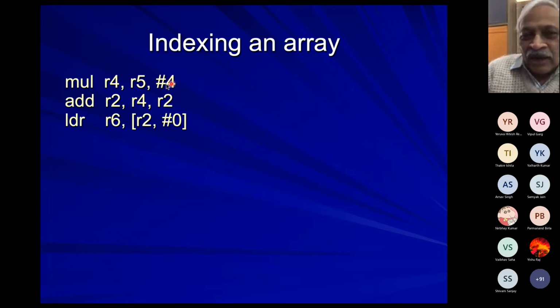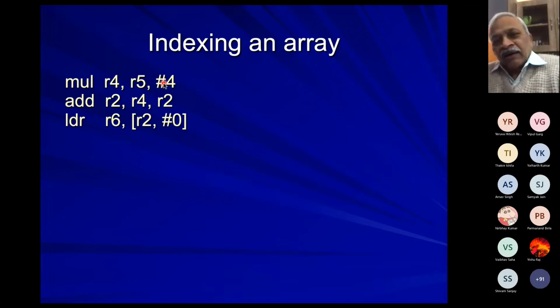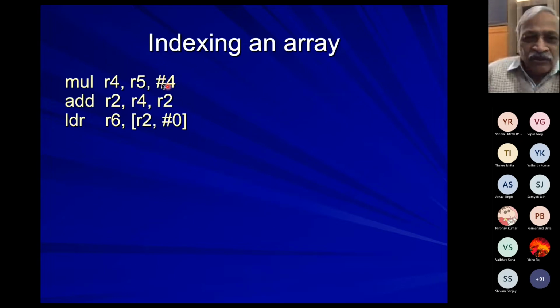As I mentioned earlier, you can't do this directly. This will require 2 instructions because multiplying by a constant requires loading that constant into a register and then multiplying. But in this case, since it is 4, you could actually do this by a shift operation. You don't need to use the multiply instruction.